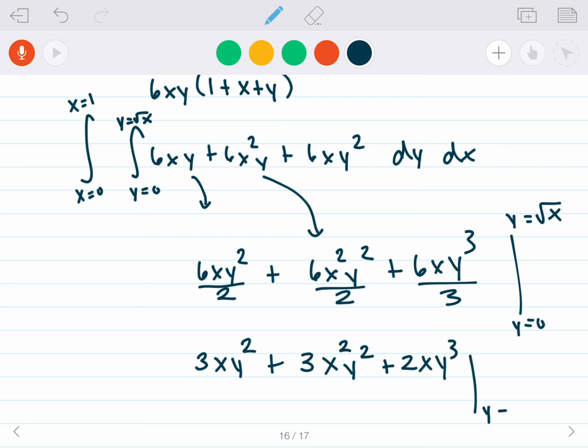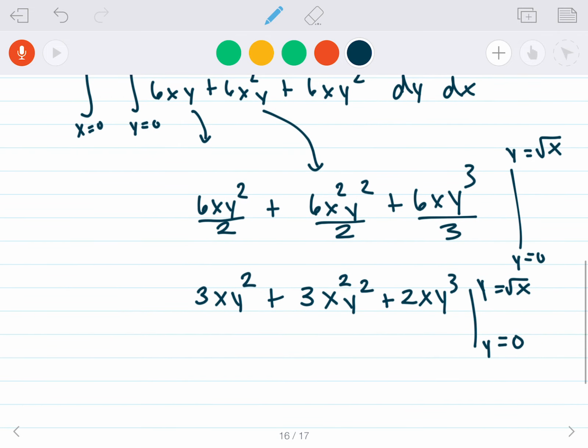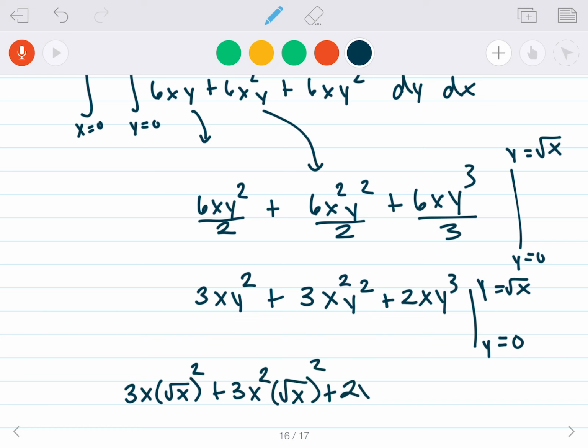All right, so y equals root x. So we have 3x radical x squared plus 3x squared radical x squared plus 2x radical x cubed. And then minus 0, that's all going to go to 0, so I don't have to worry about that, which is nice.